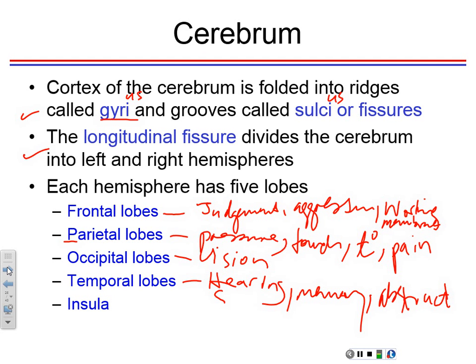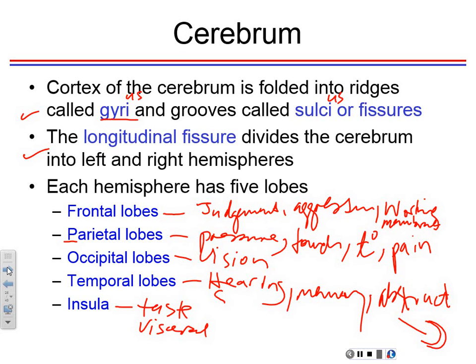And then the insula is also considered a lobe, the fifth lobe, but it's hidden in the lateral sulcus. There's a groove that goes across, and inside of it, this will be hidden. Insula means island, hidden in there, and it's usually involved in taste. It also controls some visceral functions, to do with the soft internal organs.